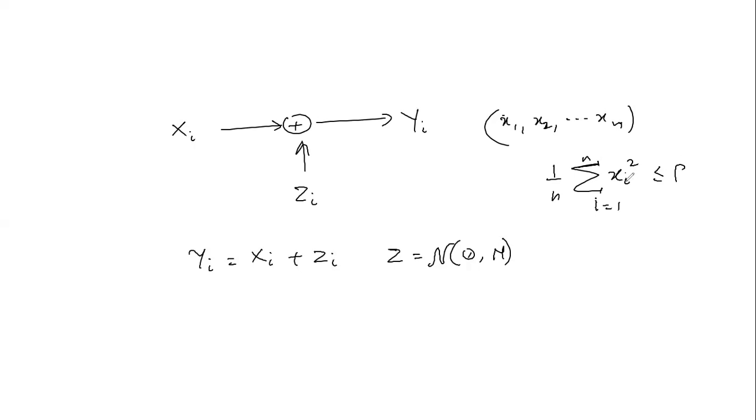Now, why is our power S sub I squared? I need someone to help me out. We have quite a number of guys in class. Why is the energy of the signal S sub I squared? Hello?